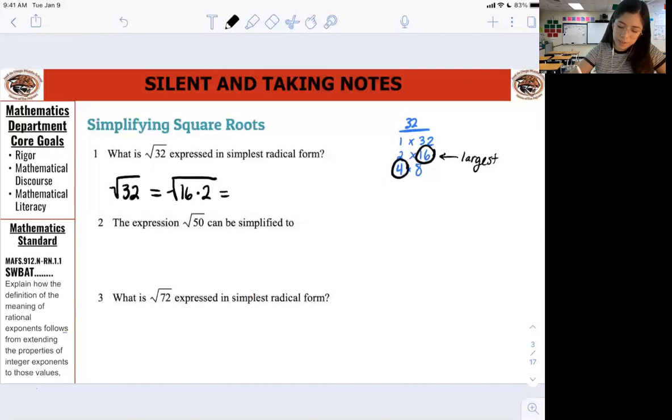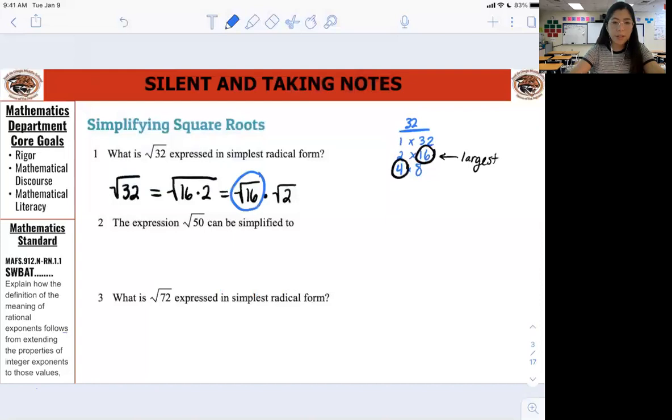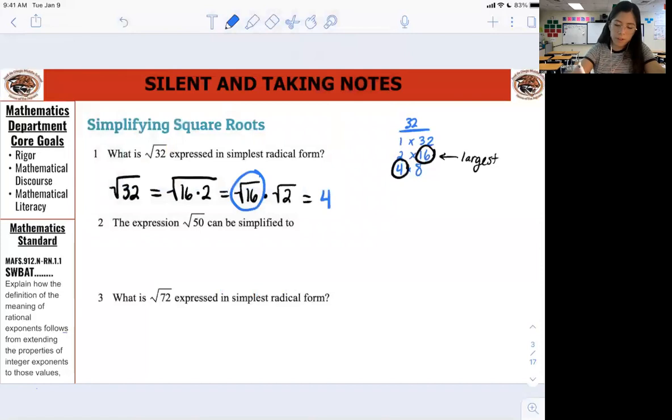I can write this as the square root of 16 times the square root of 2, and just separate them. Then you can take the square root of 16. What is the square root of 16? 4. So I have 4 times the square root of 2.